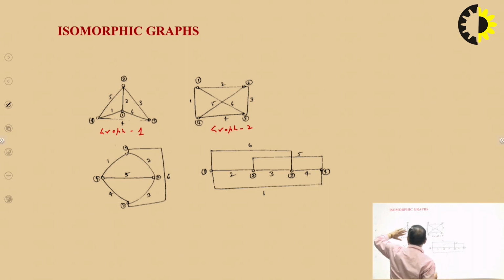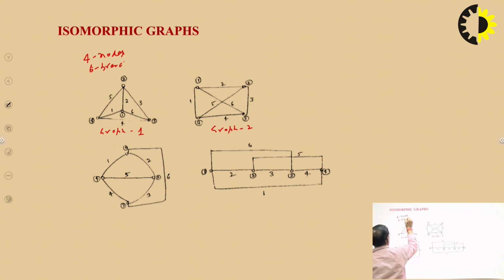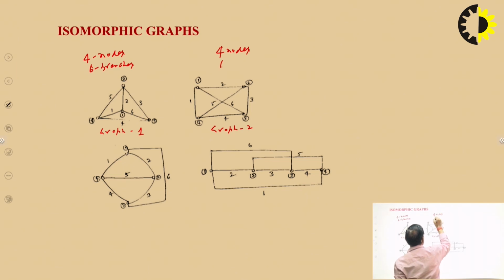Suppose there are 1, 2, 3 and 4: 4 nodes. And how many branches? 6 branches. In this graph also 4 nodes and 6 branches. Now we have to check whether there is one-to-one correspondence between the nodes and branches.